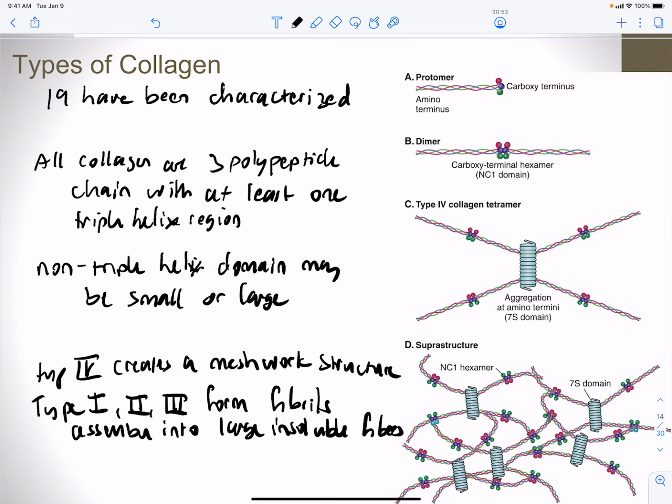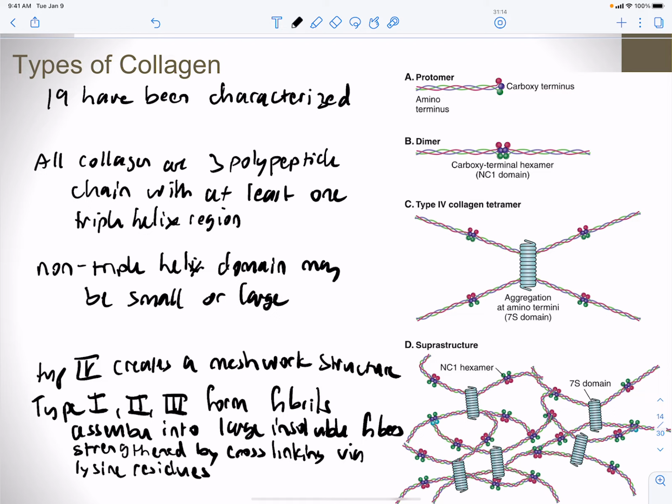These fibers are going to get cross-linked through covalent bonds, and usually those are between the lysine residues. As we just talked about, forming Schiff bases.